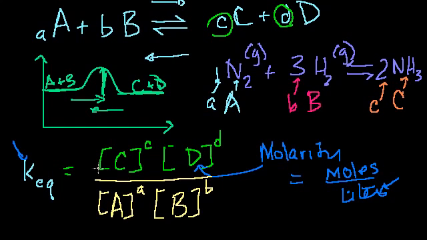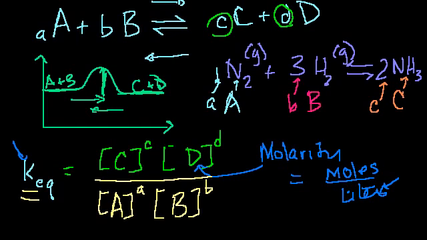And what's interesting about this, and this is a bit of a simplification because this doesn't apply to all reactions, but to most things that you're going to encounter in an intro chemistry class, is that once you establish this equilibrium constant for a certain temperature, you can change the concentrations and then predict what the resulting concentrations are going to be.